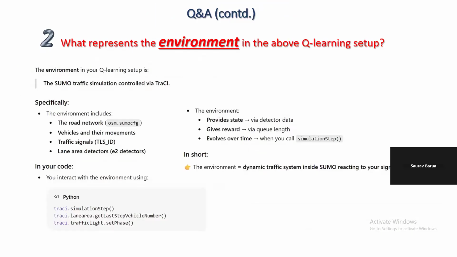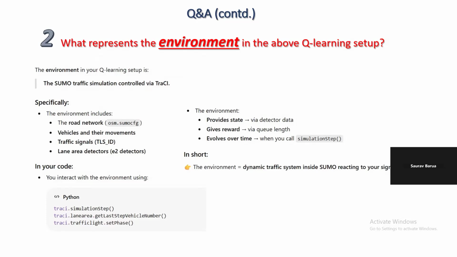This is the state. And if we look at the environment, what is the environment over here? Here the SUMO traffic simulation controlled by TraCI is the environment. Our environment covers the road network, vehicles, their movement, traffic signals, and lane area detectors, E2; all are part of the environment, and we interact with the environment through the Python code.